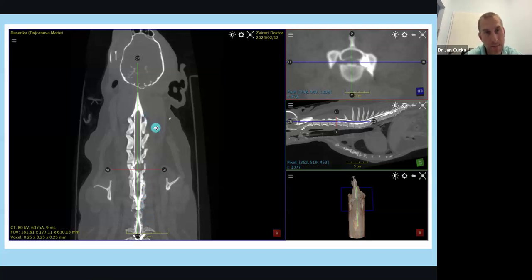This is the right side, this is the left side. It is more on the left side, but the biggest information from this scan is that there is some ventral compression. We can see it on the other axis.